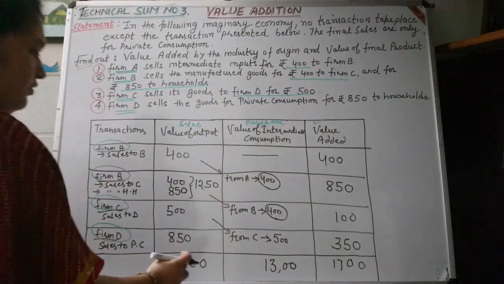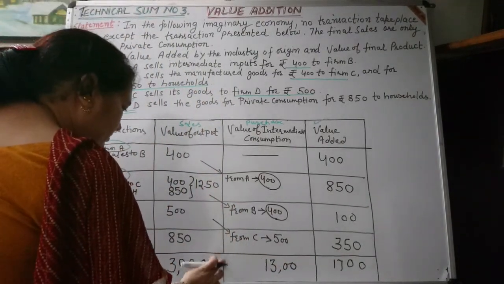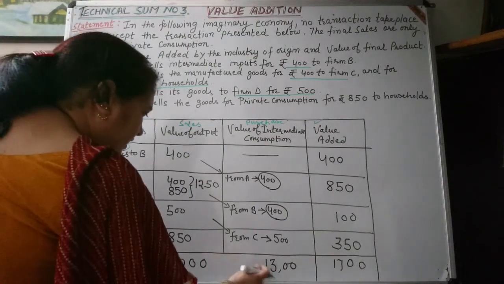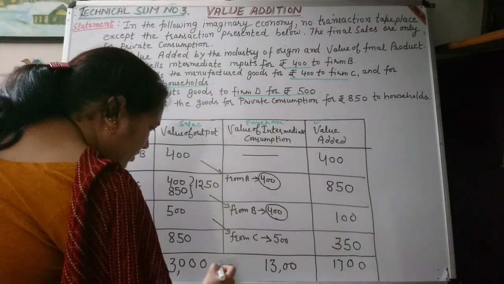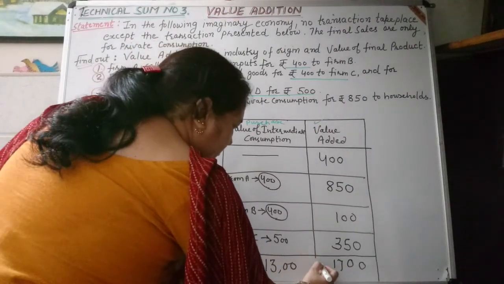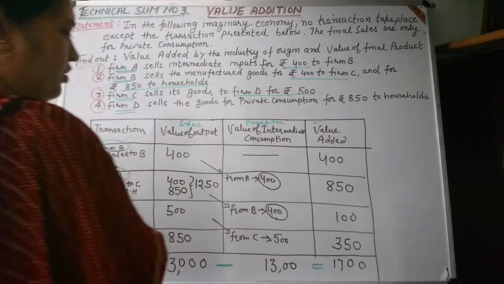So if we deduct 1,300 from 3,000, then we get 1,700 as value added.